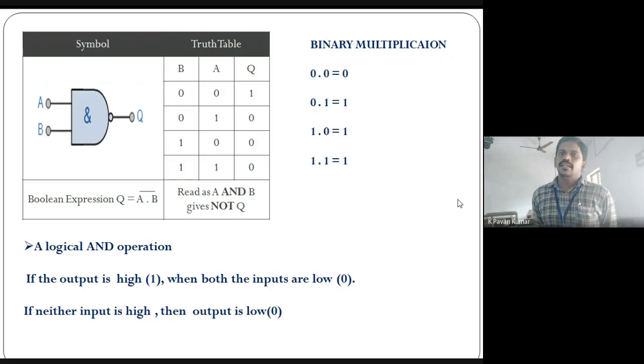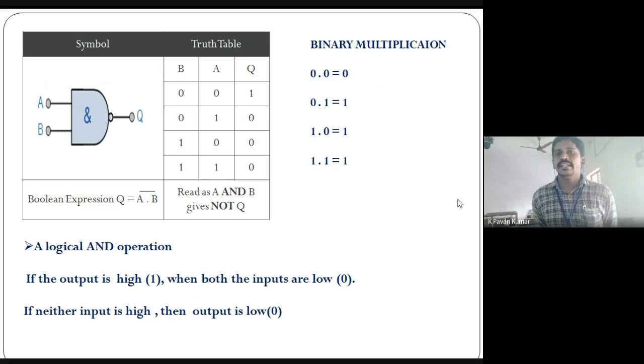Using these binary multiplication values, you simplify the Boolean expression Q equal to A dot B whole bar. For the first condition, 0 dot 0 whole bar: 0 dot 0 is equal to 0, 0 bar equal to 1. So the output will be Q equal to 1.